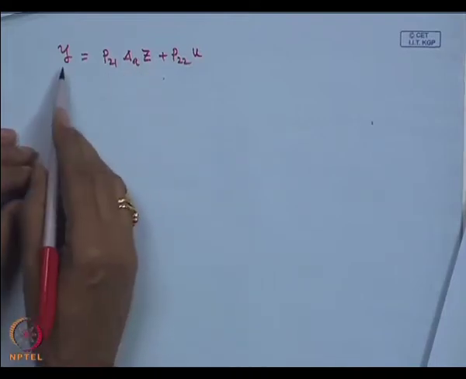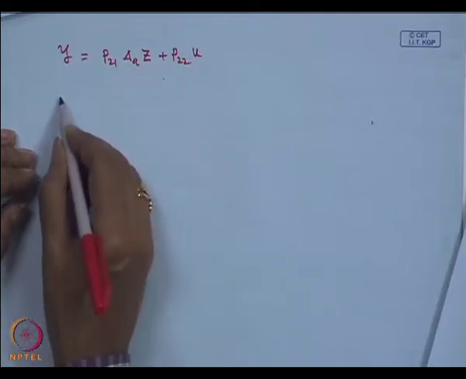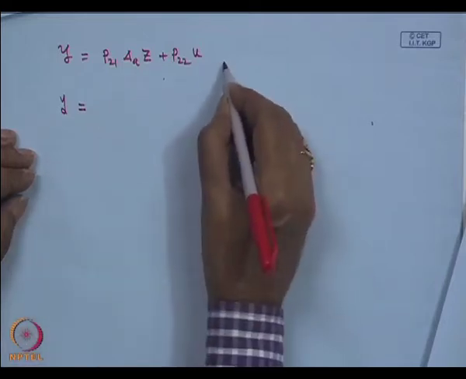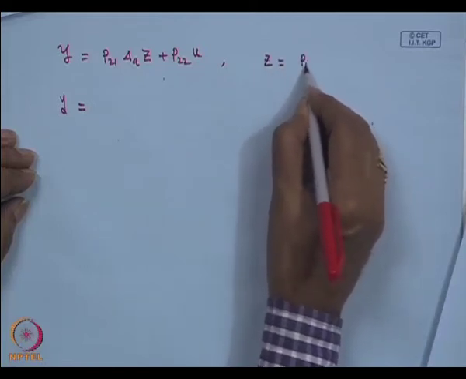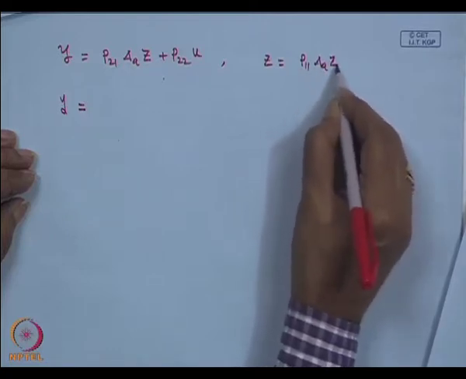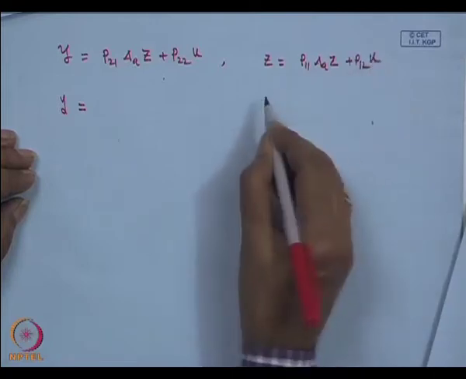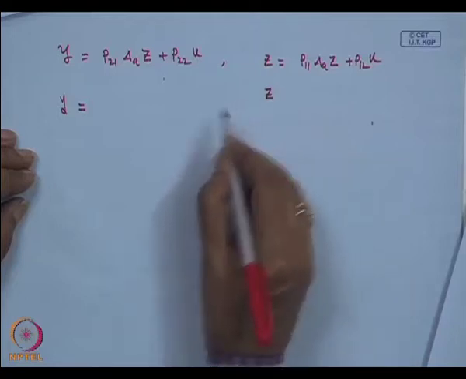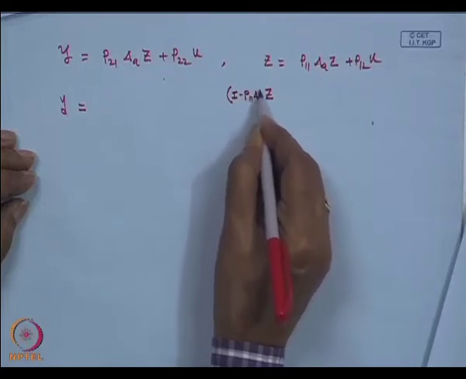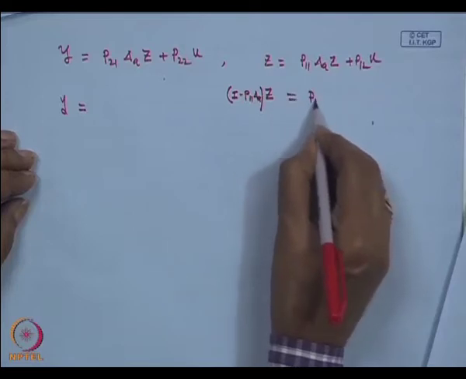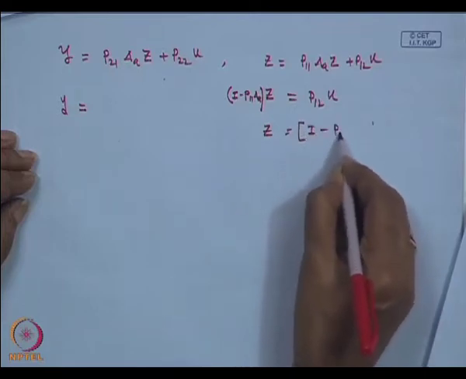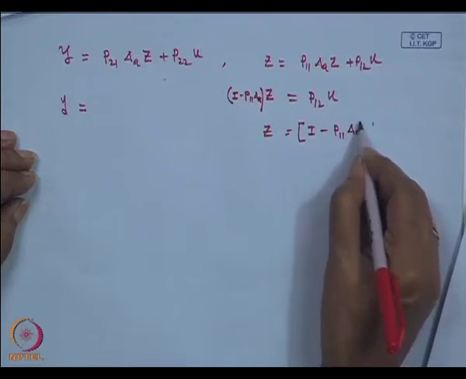Another expression I know: Z is equal to P11 W plus P12 U, and for W I am writing delta A Z. Bring it to that side: I minus P11 delta A whole Z is equal to P12 U. So, Z is equal to I minus P11 delta A whole inverse, times P12 U.